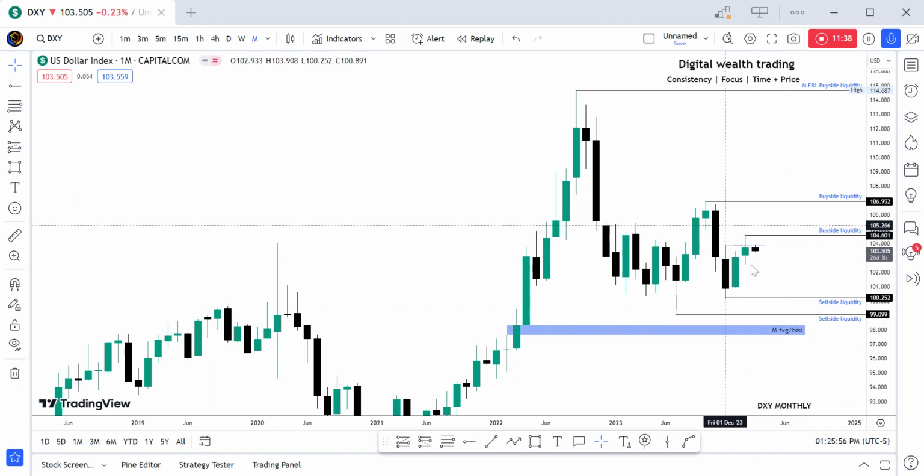Now, if you look at the current situation, it's not even clear that we are going to leave this range. We want to see when we are going to leave this range. You don't know that.